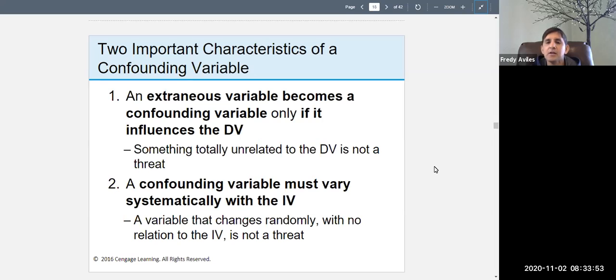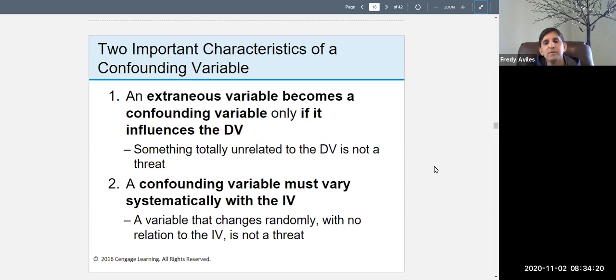A comedian who is predictable is not going to be funny. So surprise varies systematically with the independent variable. We're manipulating the amount of humor, and surprise seems to vary along with it. And we didn't intend that. That's a confounding variable.